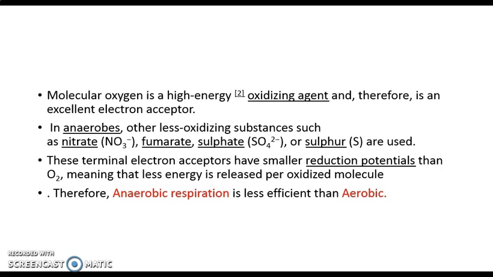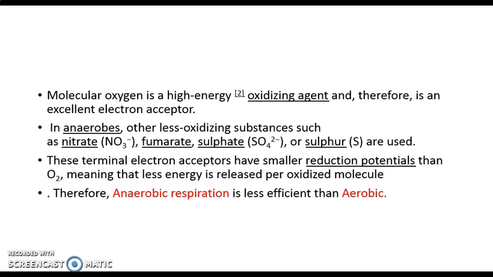In anaerobes, other than molecular oxygen, oxidizing substances such as nitrate, fumarate, sulfate or sulfur are used as electron acceptors.